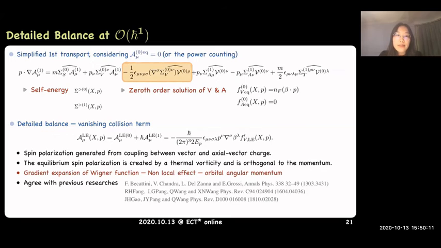And since the collision terms involve the spatial derivative, which comes from the gradient expansion, maybe it is also a non-local effect, and maybe it is related to the orbital angular momentum. We will check it in our future work.